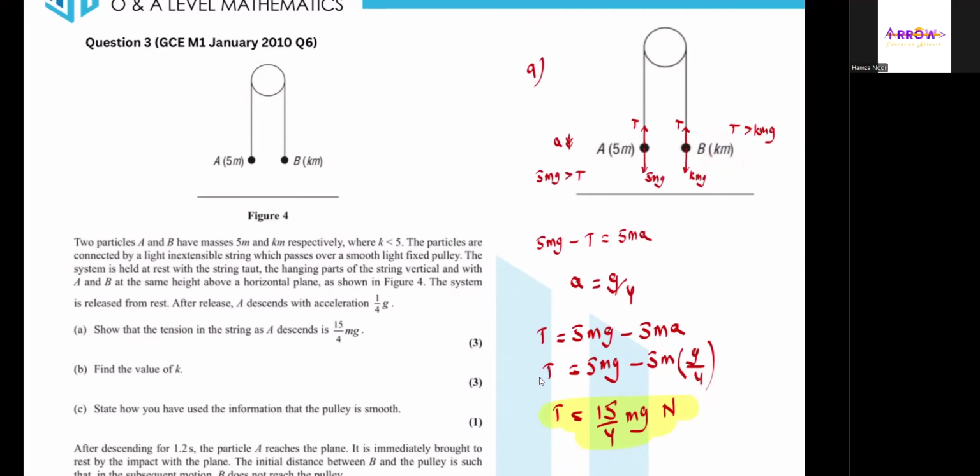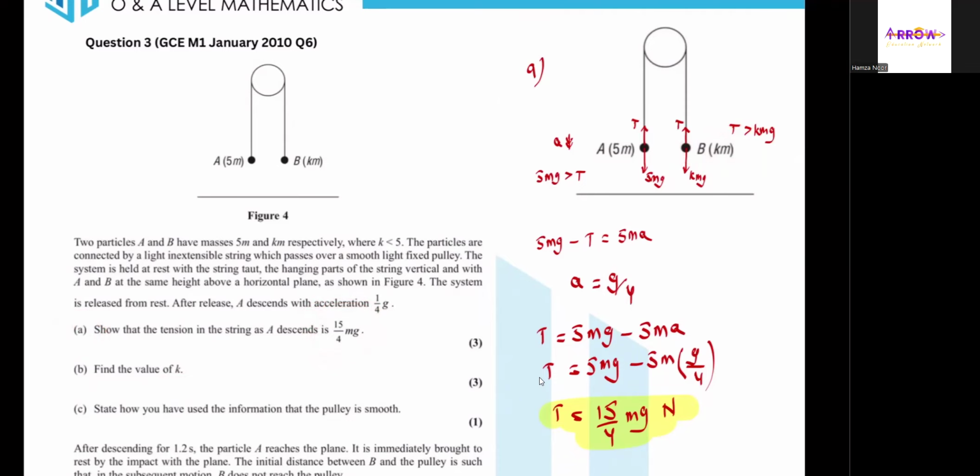The value of k will be found in part B, by first showing in part A that the tension in the string is 15mg over 4. We will use this value of tension for particle B, and then find the value of k in part B.